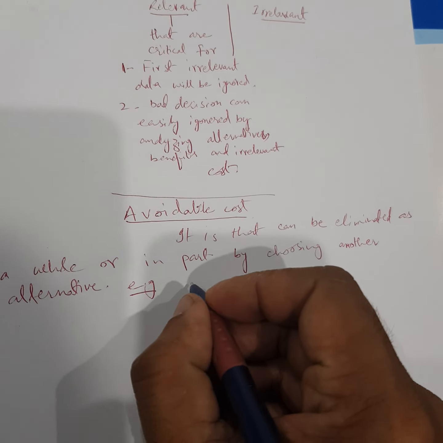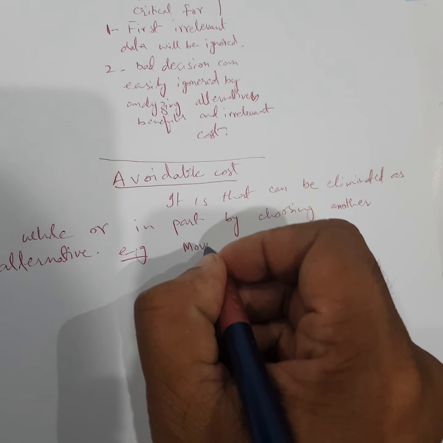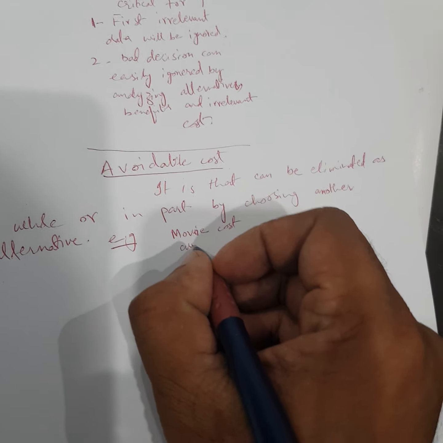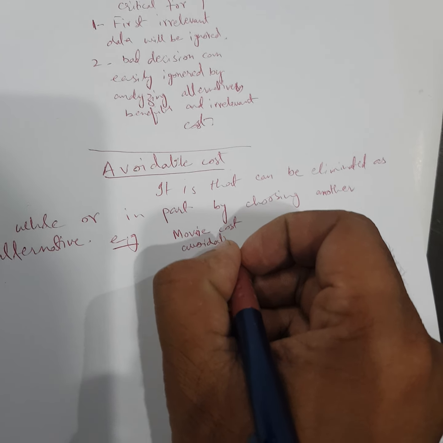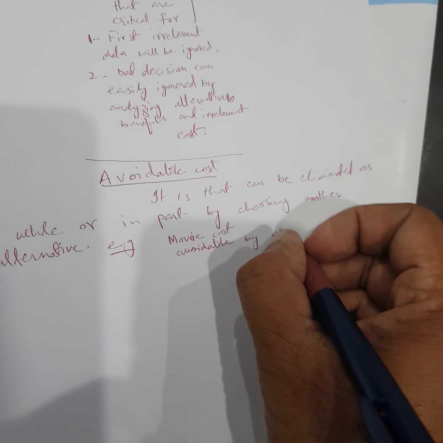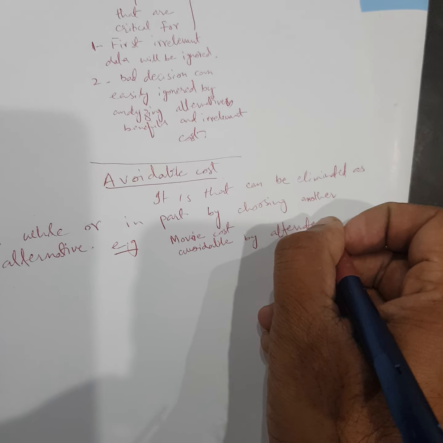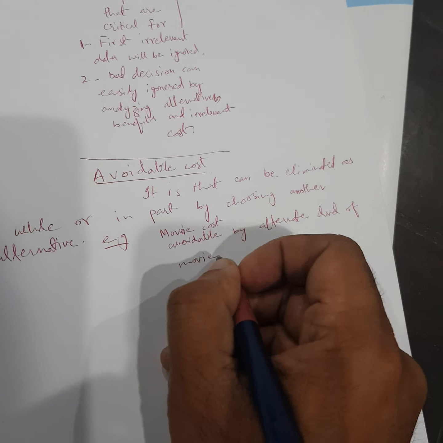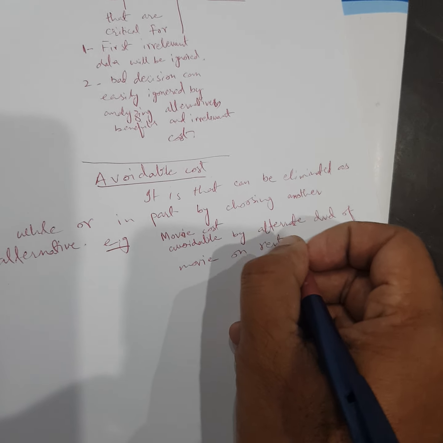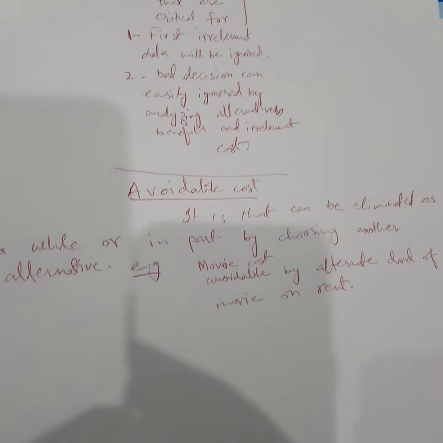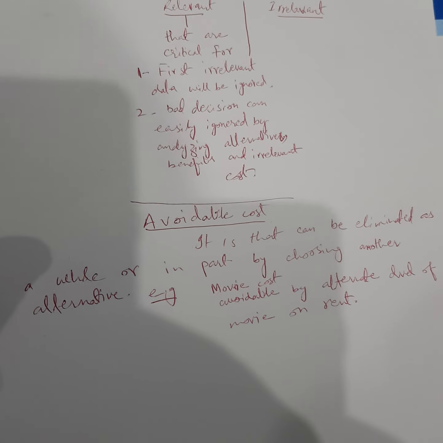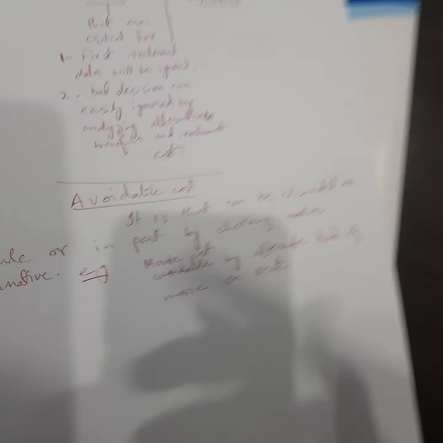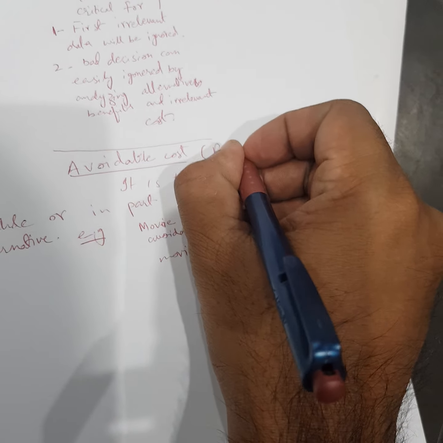So our movie cost is avoidable cost by the alternate, a DVD of the movie on rent. So this is the avoidable cost, and we can say it is also a relevant cost.